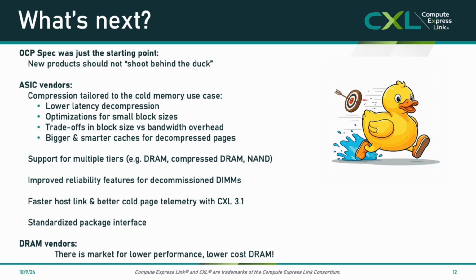From the DRAM vendor's perspective, there is definitely room for a low-cost and low-power DRAM, which could be at lower performance. So with that, we come to the end of the talk, and we'll open up for questions.